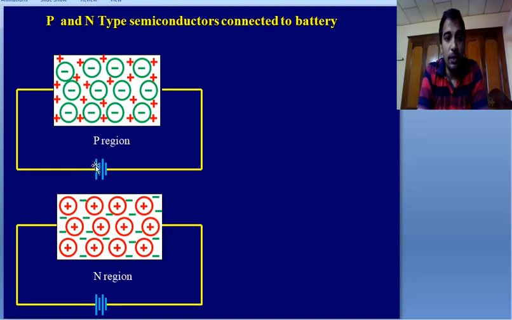Just anticipate this connection diagram for one or two minutes. This positive battery terminal is connected here. The positive force is going to repel the holes. These holes will pass like this.